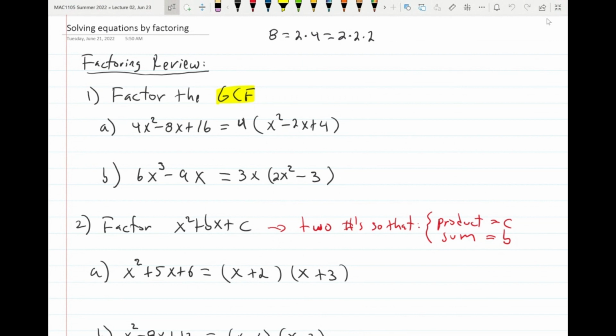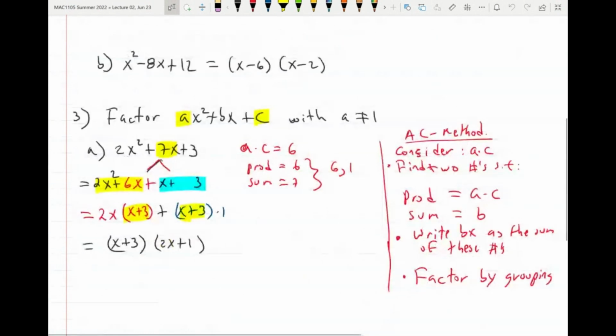So we did greatest common factor, we did trinomials with leading coefficient 1, and also we did an example when the leading coefficient is not equal to 1, and we discussed the AC method. And we stopped there, so let me do one more example, and then let's discuss equations, okay?